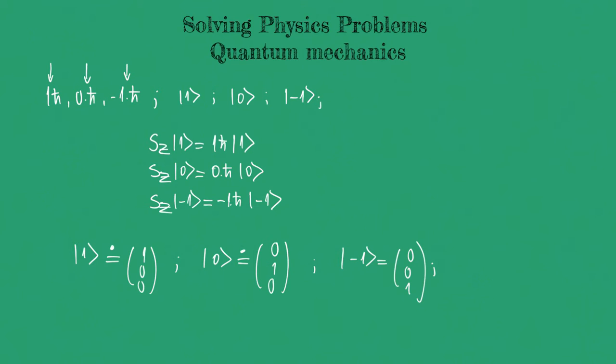The matrix representation for the operator Sz in its own basis is always diagonal, with the eigenvalues h bar, 0, and minus h bar along the diagonal. Therefore, the operator Sz is represented by the following matrix in its own basis.